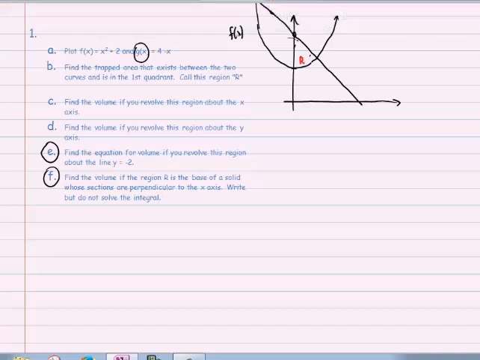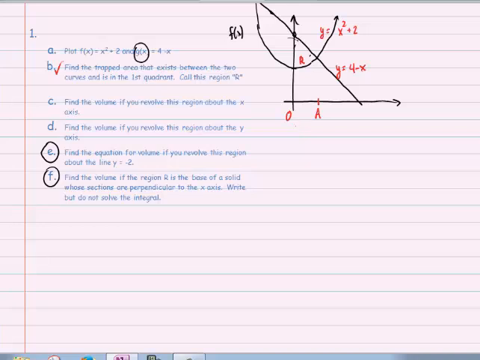In the first part, we want to find the trapped area between the two curves. So we need to figure out what the limits are. We know we start at 0, but we have to find this limit a. We have a function that's x squared plus 2, and the other function is y equals 4 minus x.